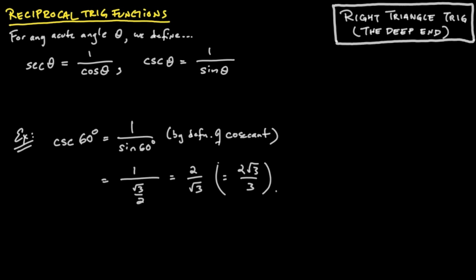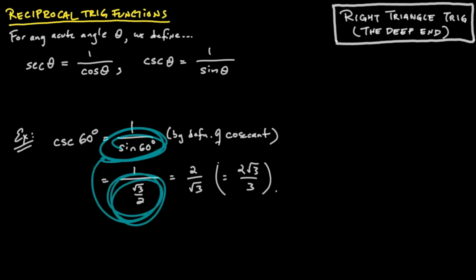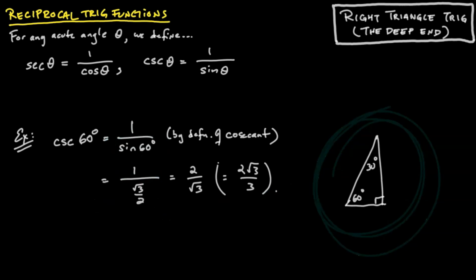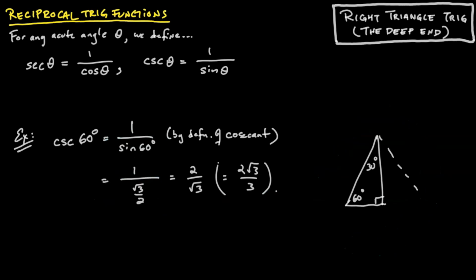And even though we have moved on from this point, do not forget why the sine of 60 degrees is root 3 over 2. It all comes from the ratios on a 30, 60, 90 triangle, which is of course half of an equilateral triangle, which means that whatever the short side is, that's half of one of the equilateral triangle sides, which means the hypotenuse is going to be double that. So 2 in this case, meaning that the remaining leg can be found with the Pythagorean theorem, and that's going to be root 3.